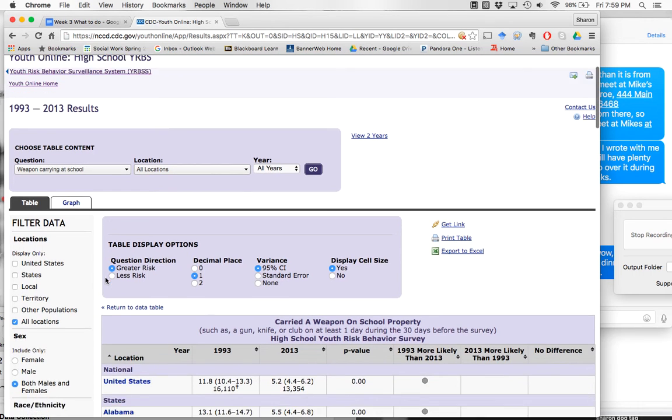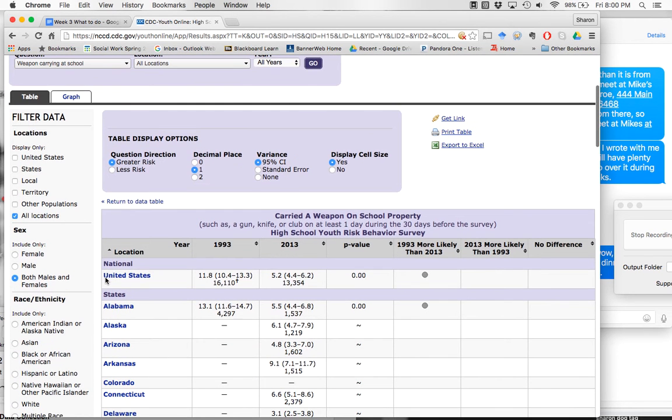Okay, here's the findings. So in 1993, 11.8% of high school students, which is 16,110 people, responded that they had carried a weapon on school property. And in 2013, 5.2% reported they carried a weapon. So the p-value is definitely less than 0.05 because it is 0.00.